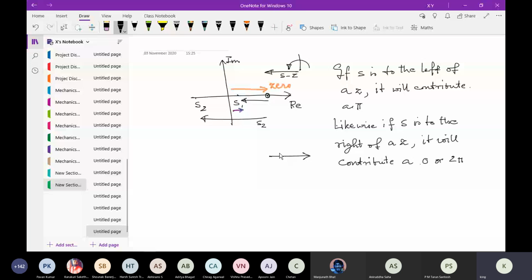So the angle with the origin is actually 0 or 2 pi, whereas in this case this angle is phi.